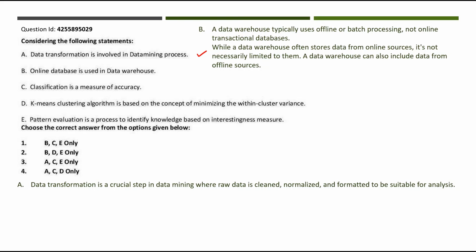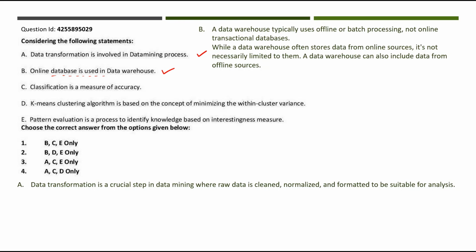A data warehouse can also include data from offline sources. Online database is used in data warehouse, but it is not the only source. They have not said only online database is used. They have told that online database is used. Taking that into consideration, we can also say B is true.